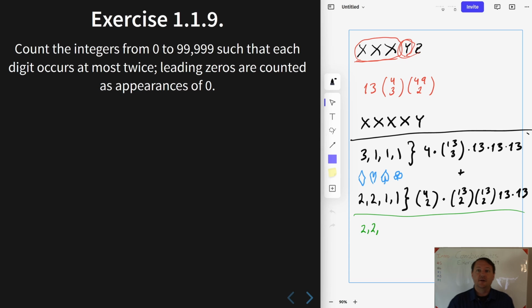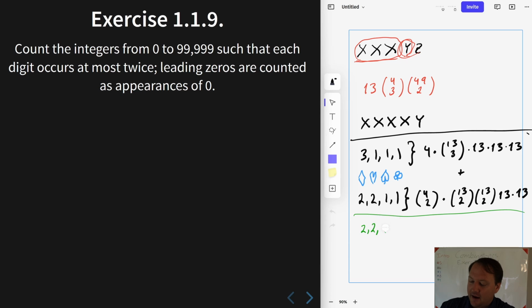These would be length 5 words formed from that alphabet. Every number has 5 digits, and I could pick some 2 digits to be the same and another 2 digits to be the same, and that leaves just one more digit, which must be a singleton.